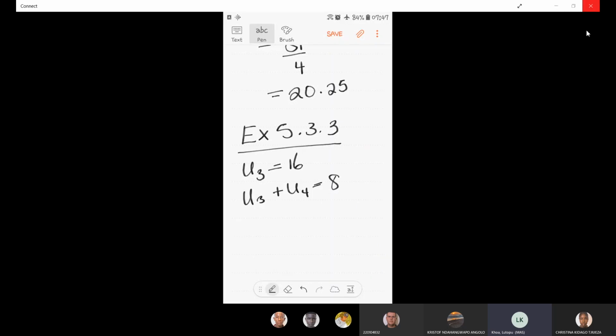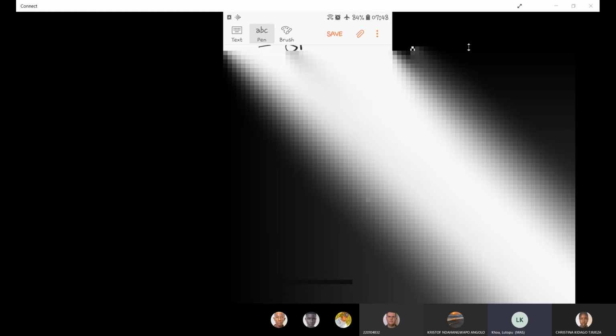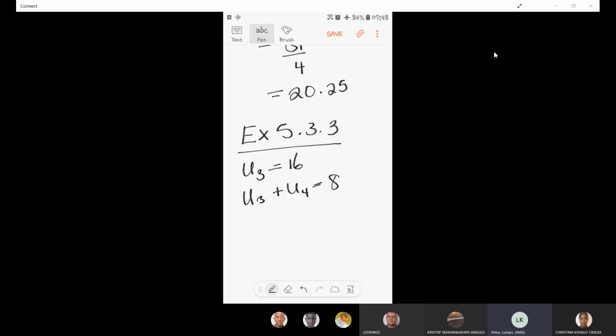Let me just read it the way it's written here. The third term of a geometric progression is 16. The sum of the third and the fourth term is 8. Find the first term, the common ratio, and the sum to infinity of the progression.